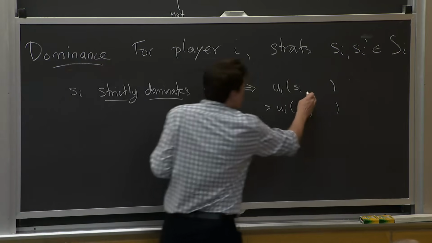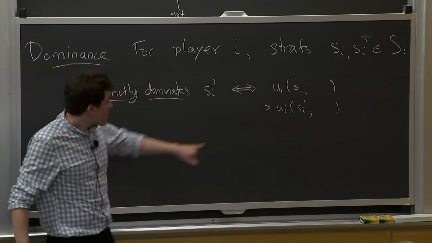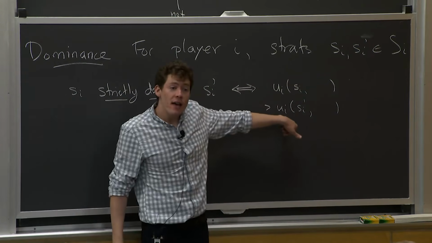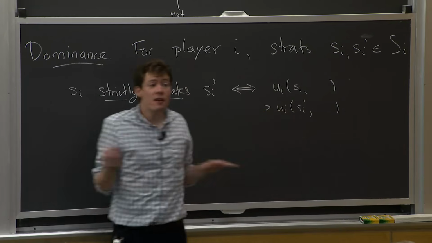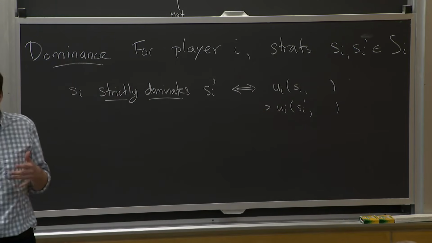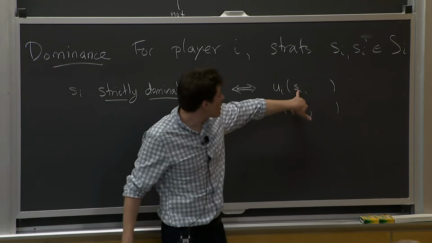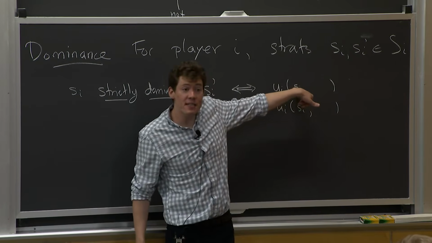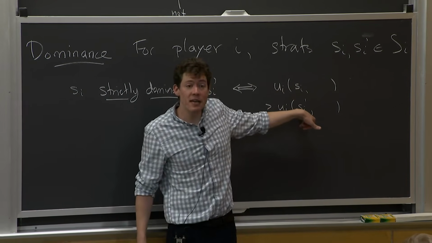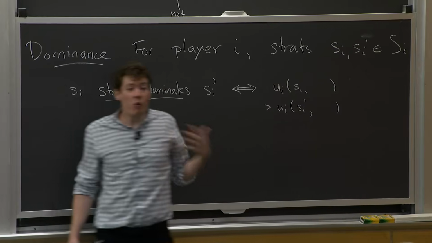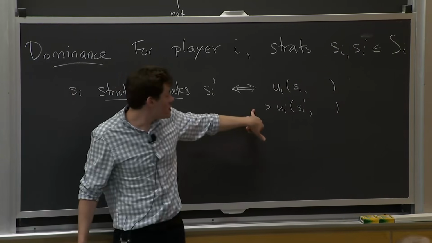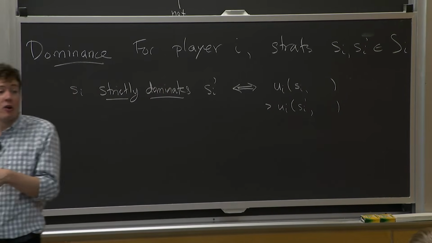But the first thing is, let's just focus on what's here already. I'm focusing on player I. And player I is making a comparison between things that are in player I's control. Player I is comparing what happens if she plays Si to what happens if she plays Si prime. But what we want to argue is that this inequality holds whatever the opponents play.